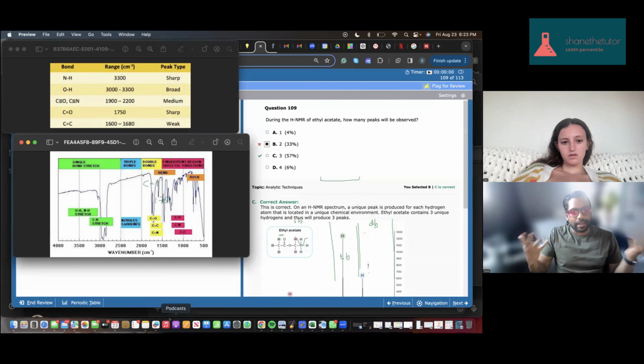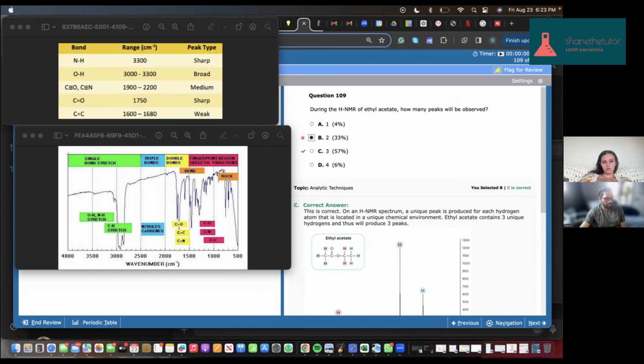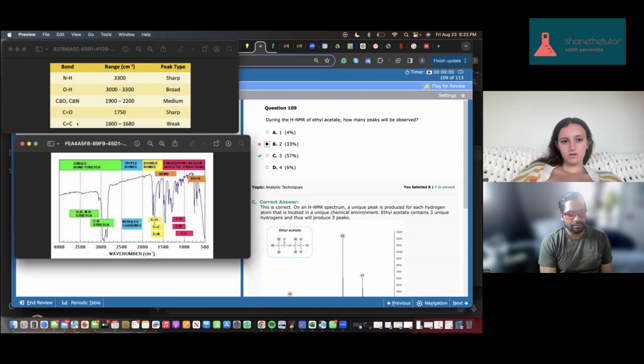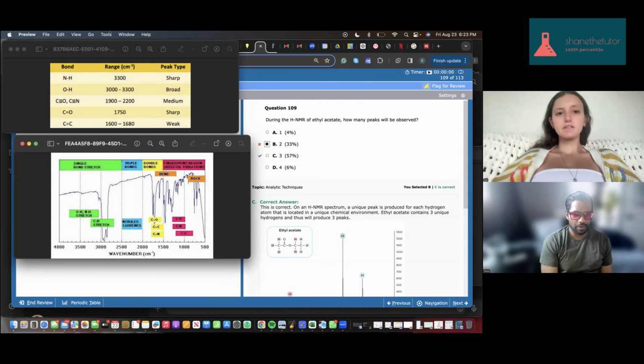Since a single bond is able to stretch more, you're going to see more broad peaks there. And the orange or yellow part up here shows the most common ones you'll see. That would pretty much be a memorization thing. Okay, sounds good for the most part.